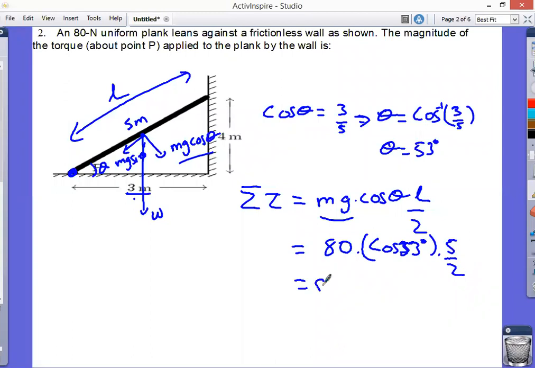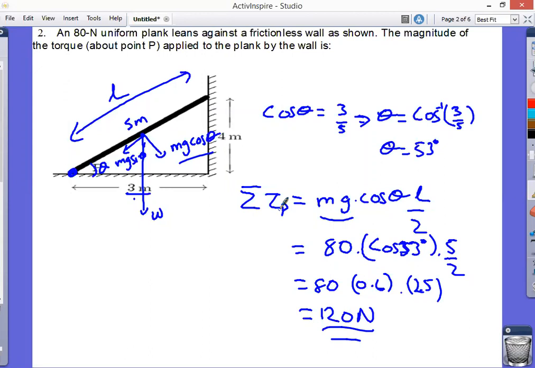Okay, so 80 times 0.6 times 2.5. When you multiply this, you're going to get 120 Newton, the answer of the torque around the point P. Okay, that's right.